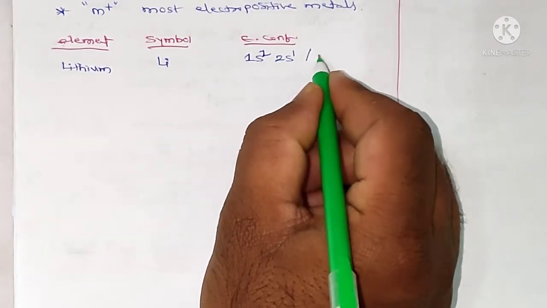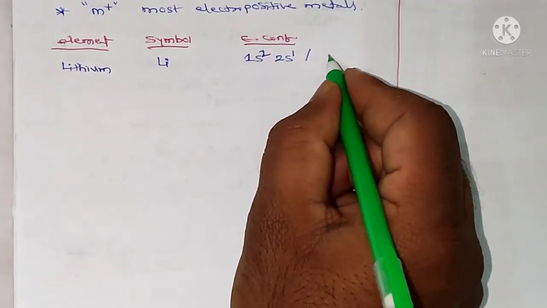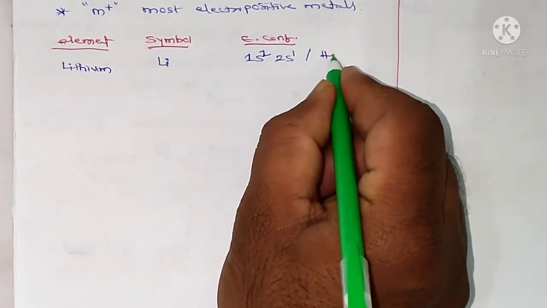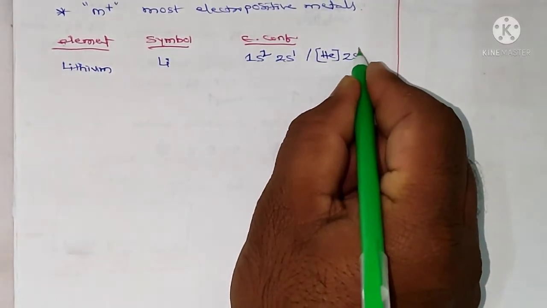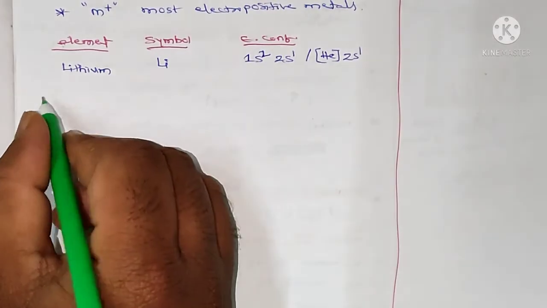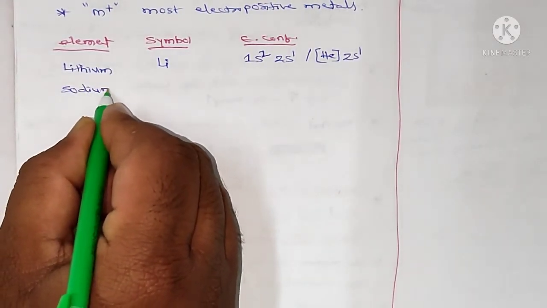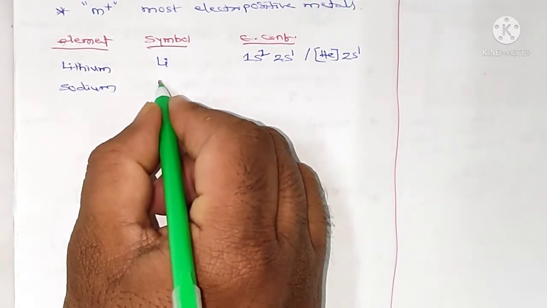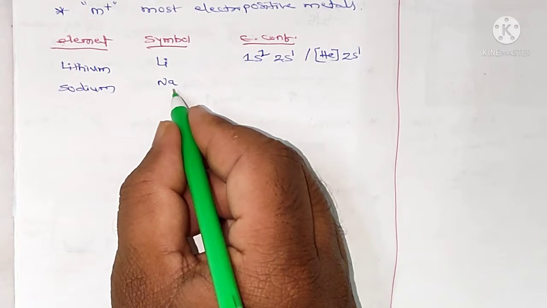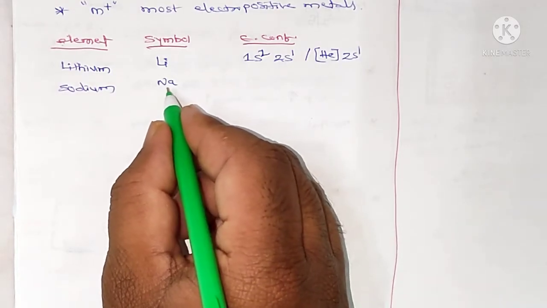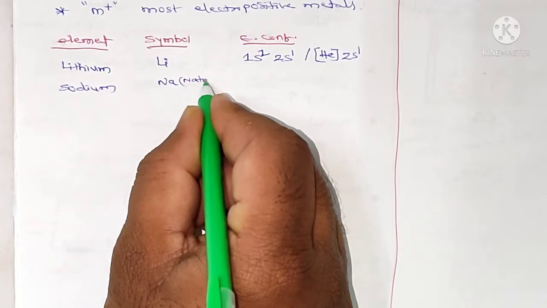Or we can also write that 1s2 is equal to the noble gas helium, so helium 2s1. And the next element is sodium. The symbol of sodium is Na. The scientific name of sodium is natrium, so that's why we take Na.